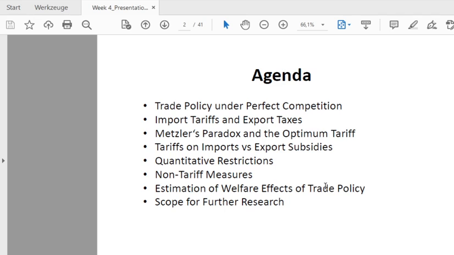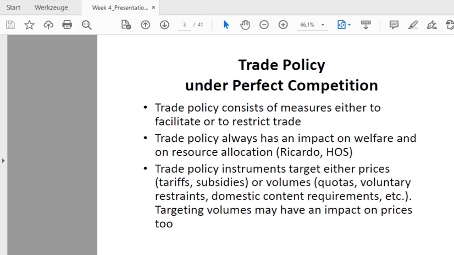We'll also take a look at the estimation of welfare effects of trade policy and close with the scope for further research.